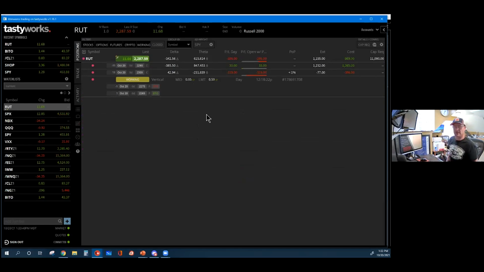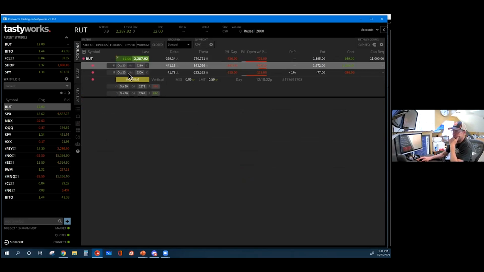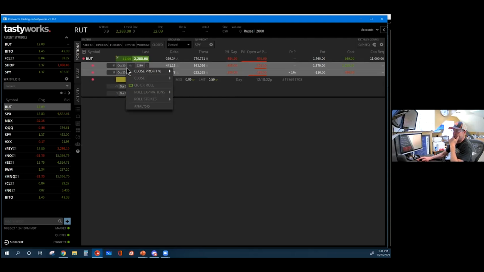I'll tell you that we don't look at them, generally speaking, as a group because they're ugly. The numbers on them are ugly, ugly, ugly. But if you take a look at our Russell here, let me grab that. And see, again, for some reason, I have to have this working order in here for this to even show up. So I don't know what's going on.